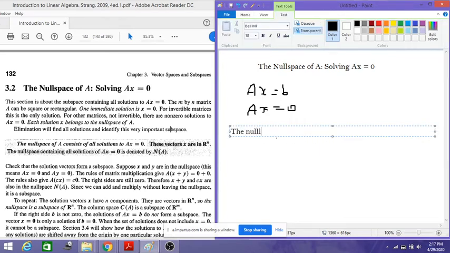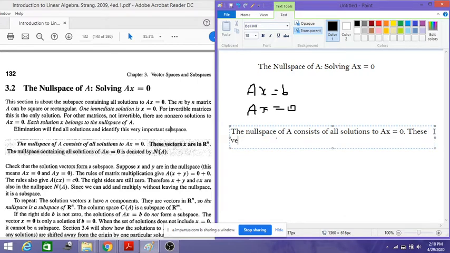The null space of A consists of all solutions to Ax equal to 0.